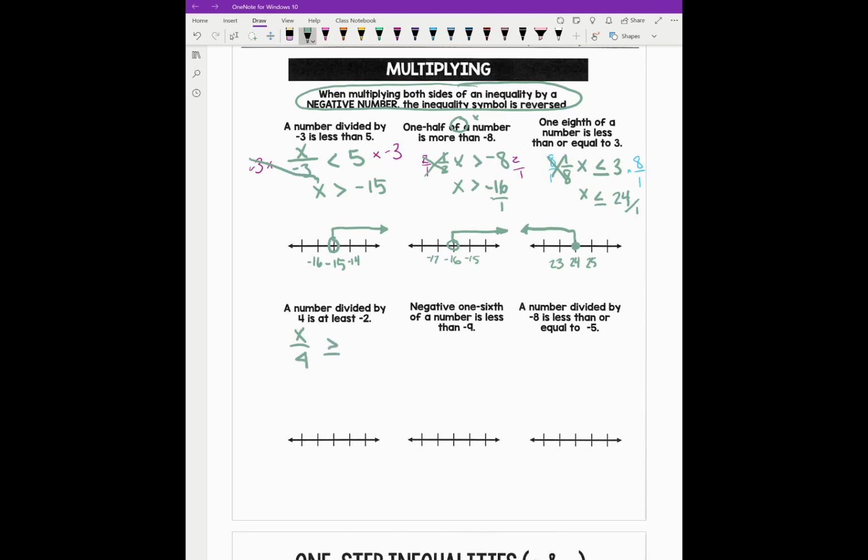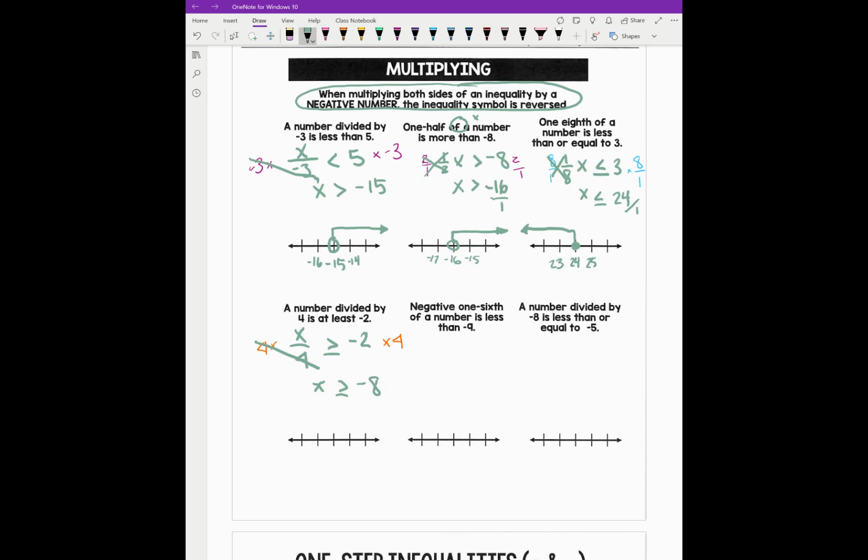If you had x/4 is greater than or equal to -2, you did that correctly. If you then multiplied by 4 on both sides to solve, remember that cancels with the denominator, so you have x is greater than or equal to -8. It doesn't flip. I know there's a -2 there, but that's not the number we multiplied by.